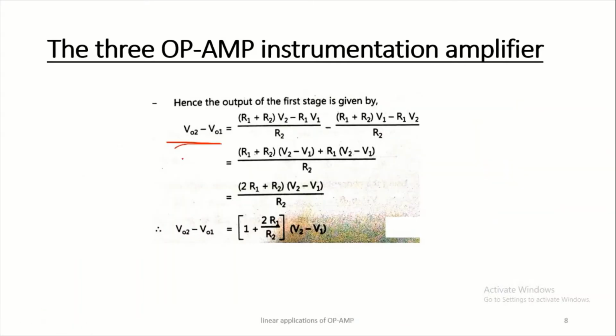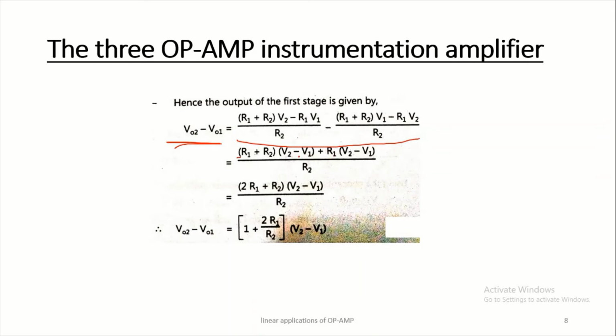The equation becomes V02 minus V01, with this value. Now the denominator is the same, R2. In this, R1 plus R2 common, so (R1 plus R2) in the first bracket with V2 minus V1, and in the third bracket plus R1 common, V2 minus V1.